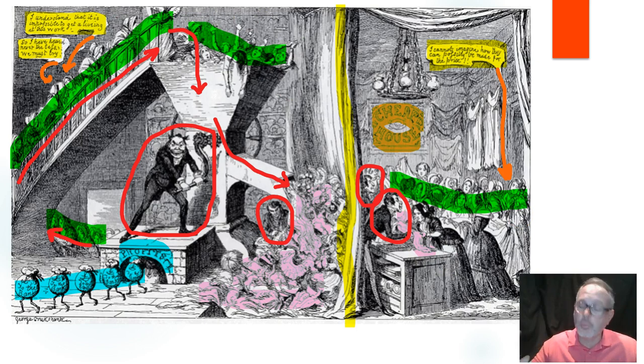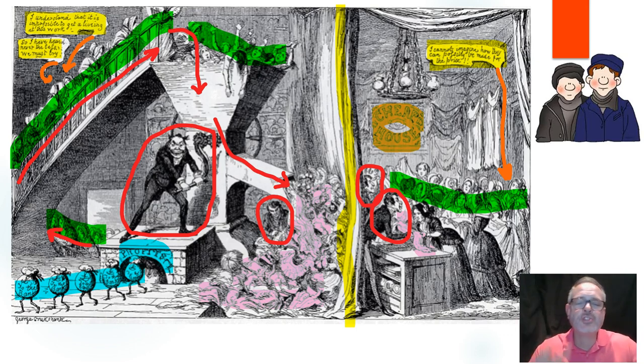Women are being exploited on both sides of the equation for profit. So all of these shaded bits are key components of this Cruikshank cartoon of what it must be like to live and work as a woman during the Industrial Revolution.